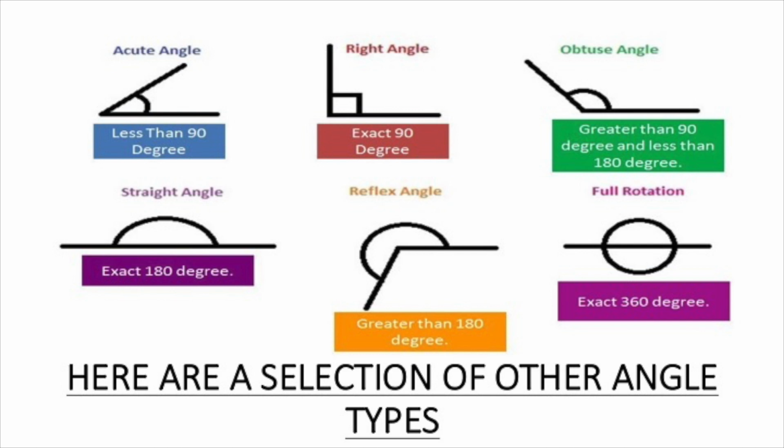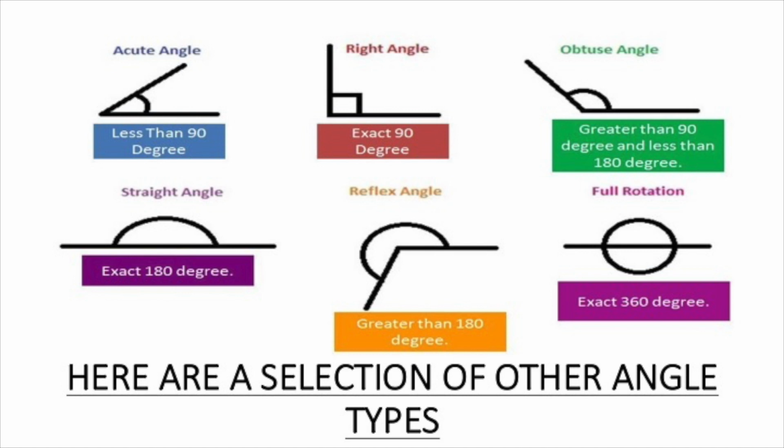You can see the acute angles are quite narrow. Then we have right angle. A right angle is exactly 90 degrees. You can see the right angle is a vertical line and a horizontal line. And this gives us an angle of exactly 90 degrees.